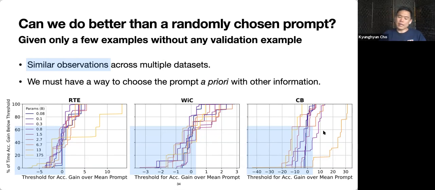What that means is that it suggests there has to be a way to choose a prompt a priori, without looking at only these few examples, but by incorporating other information such as the other few-shot tasks. Okay, so far the answers are not really positive.